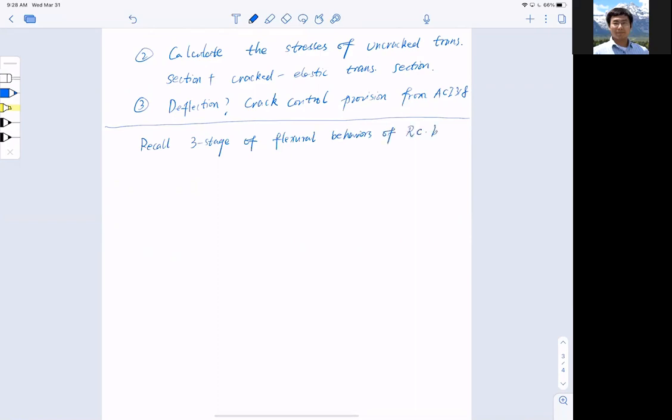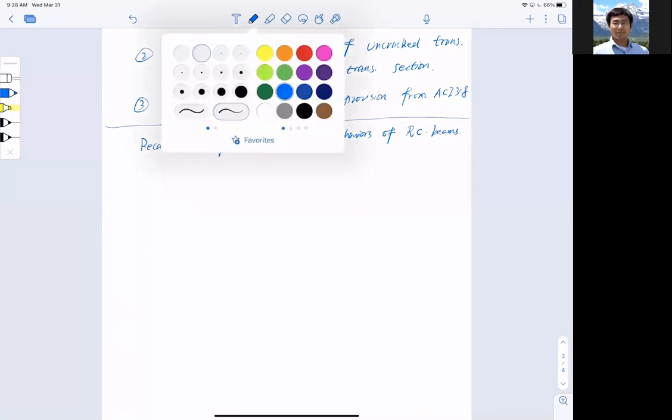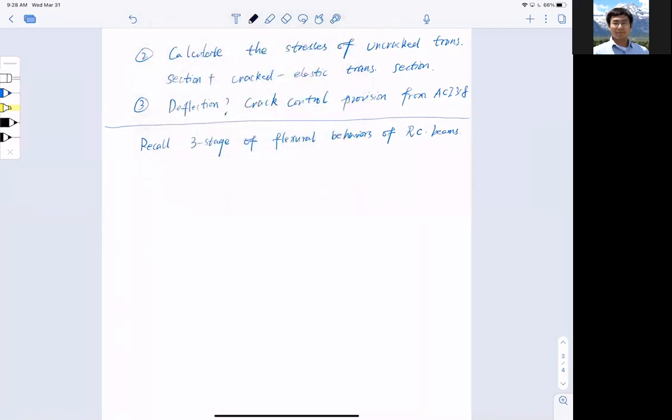If I want to describe the cracking of a beam, think of it. At the beginning, if I have a beam, I bend it. When I bend it at the beginning, everything's elastic. That means uncracked.